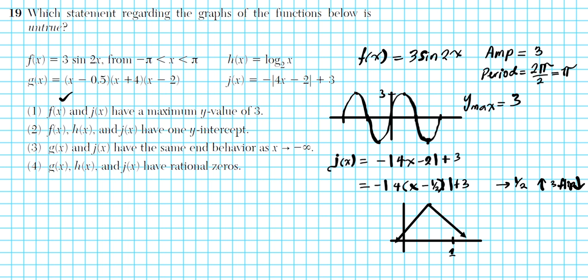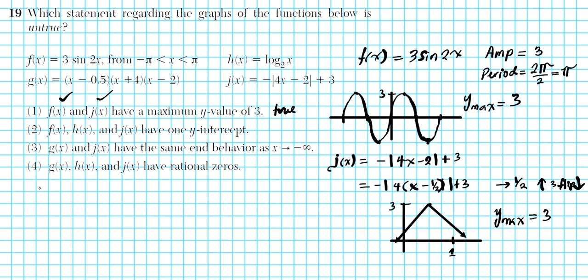Okay? So what do you think the maximum value here will be? Maximum value is going to be 3. So y max for the absolute value function is 3 also. So statement number 1 is true.